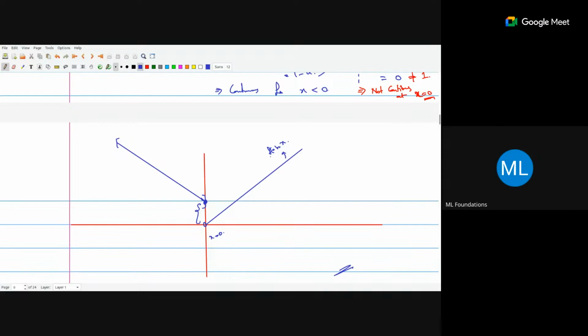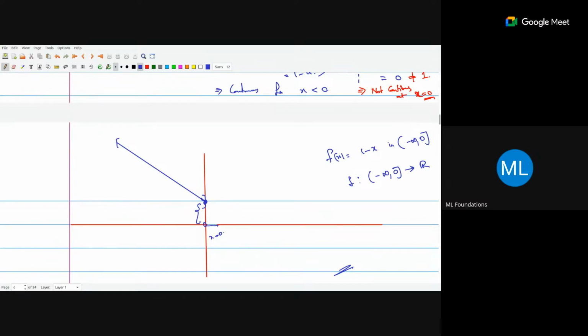If I have a function defined only like this, f of x is 1 minus x in the interval minus infinity to 0, so f is defined from minus infinity to 0 closed, to R. And I want to see whether it is continuous at x equals 0 or not.